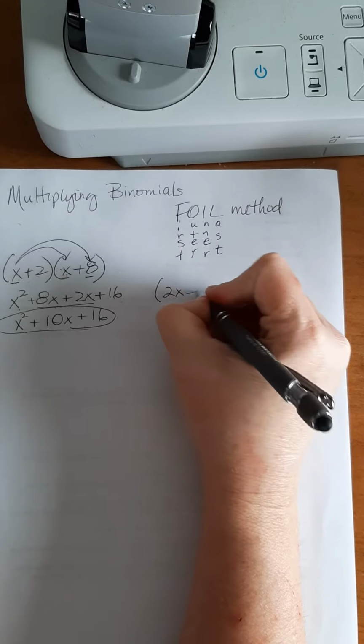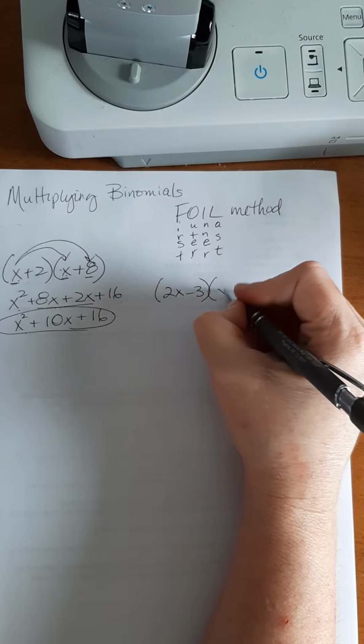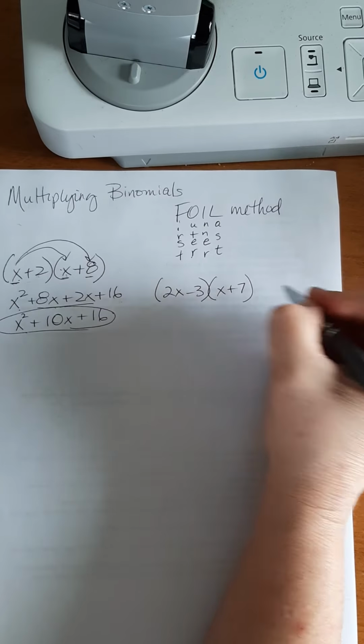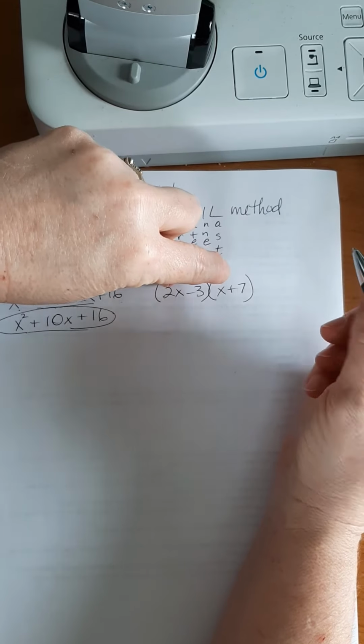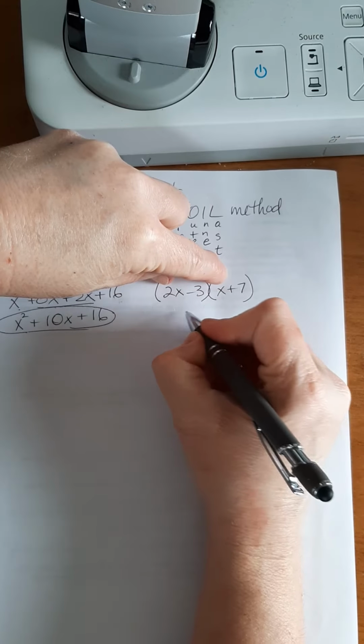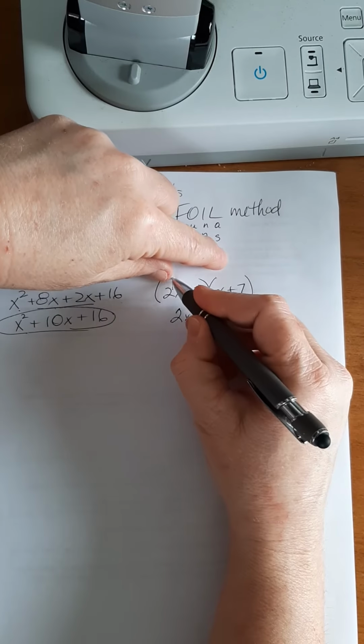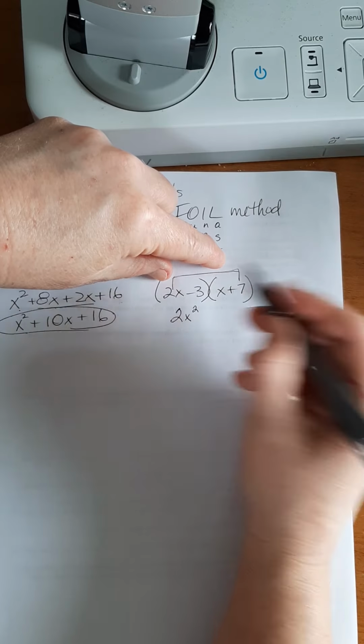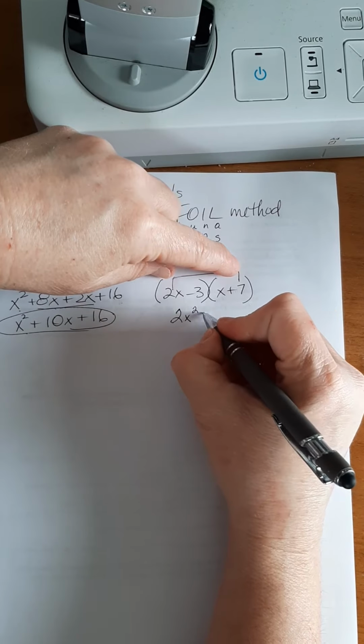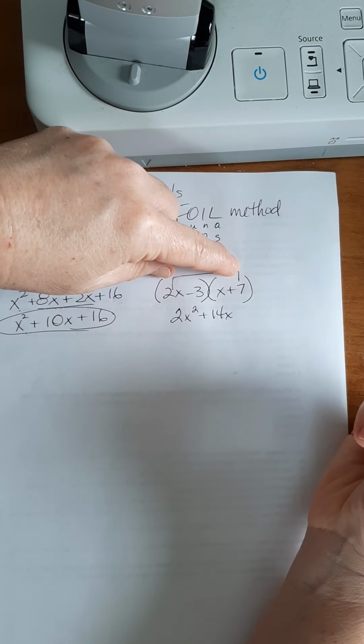Let's throw a coefficient in there. 2x plus 3 and x plus 7. Well, first things first. 2x times x, 2x squared. Now let's do the outer terms. 2x and 7, 14x.